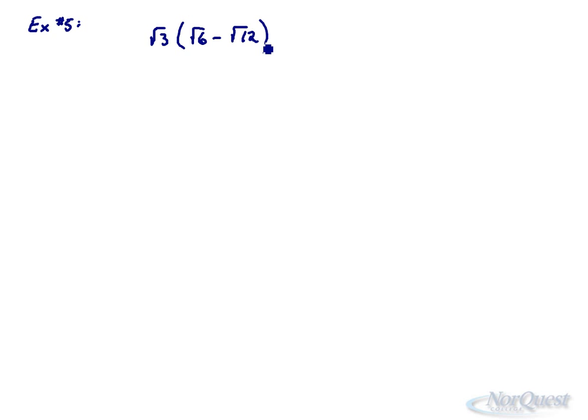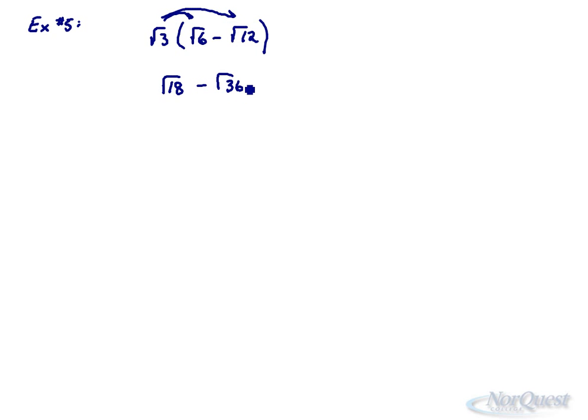But I'm going to actually just multiply. This is distributive law. So we know when we multiply radicals, we can just multiply these 2 together. Root 3 times root 6 will give me root 18. Root 3 times root 12 will give me root 36.